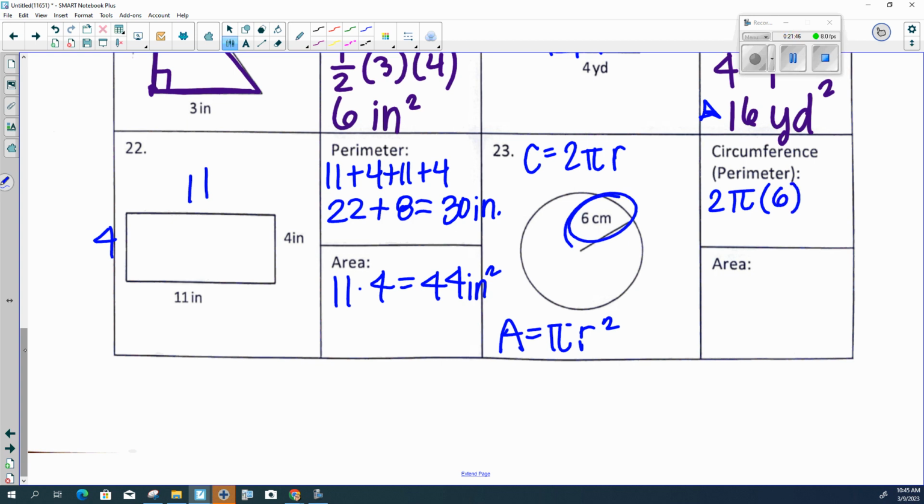And I rounded it to my nearest hundredth for some reason. 37.70 centimeters. If you just put the 7, that's the same thing. I don't know why I was being very particular. So my area is pi 6 squared, so 36 pi, which is 113.1 centimeters squared. Starbursts. Okay. Study away.